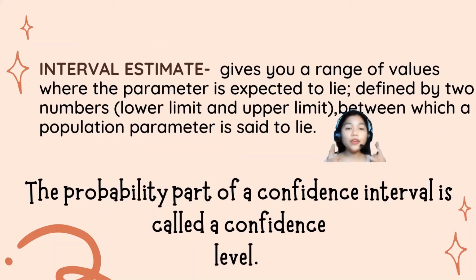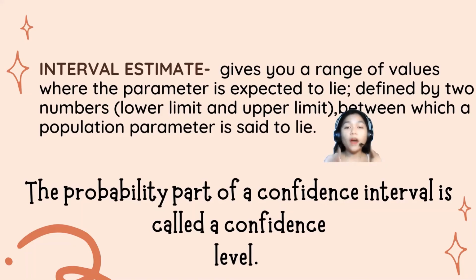So meron po tayong two values, lower limit at upper limit. Kunwari, yung ating lower limit ay 5, yung upper limit natin ay 10. So ine-expect po natin na in between 5 and 10, nandoon po ang totoong value ng ating parameter.